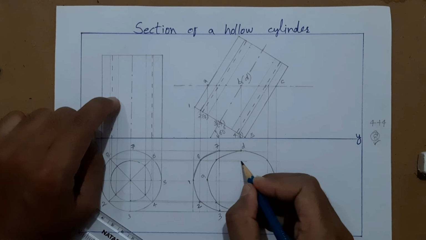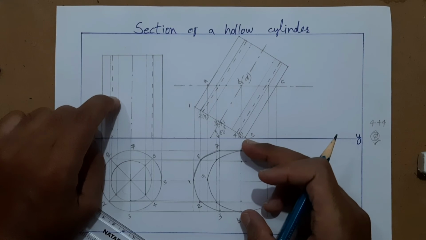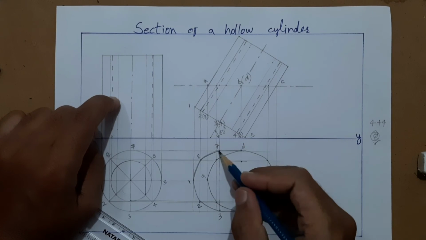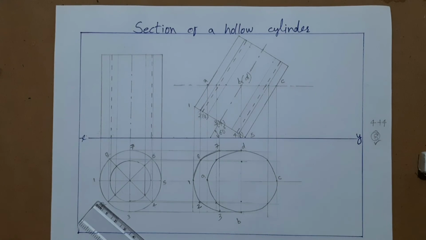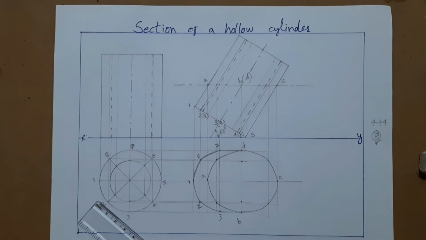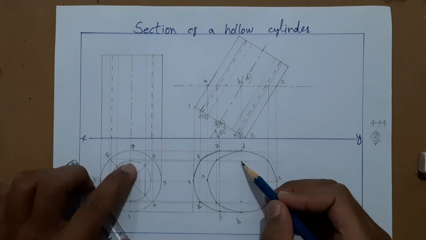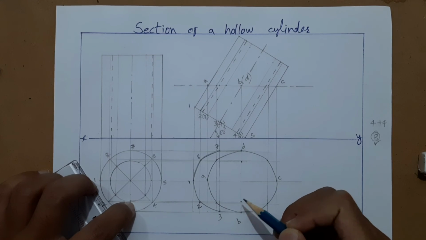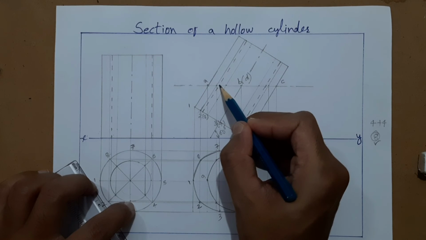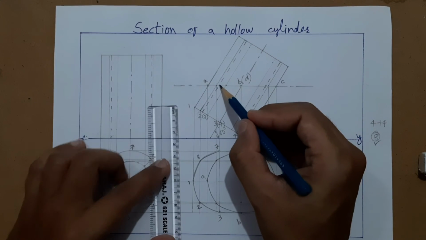Two points we have got, like previously we got for 7 and 3, like that, these 2 points. And this is the outer point we have taken for the cylinder. Now we will take these 2 points, this hidden edge and this hidden edge with the section plane.